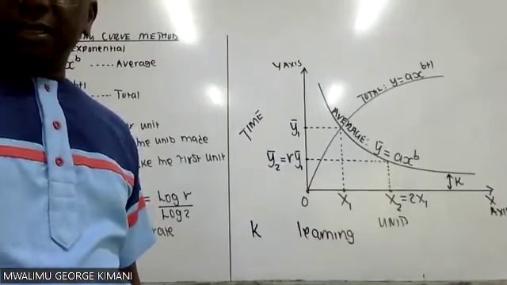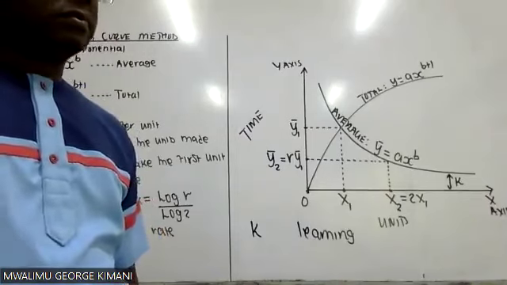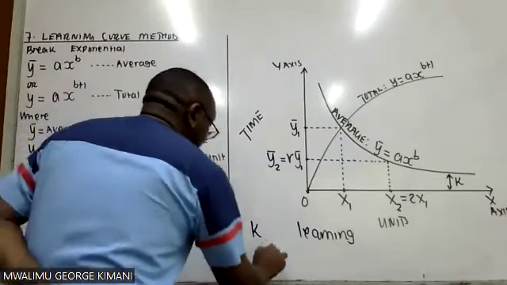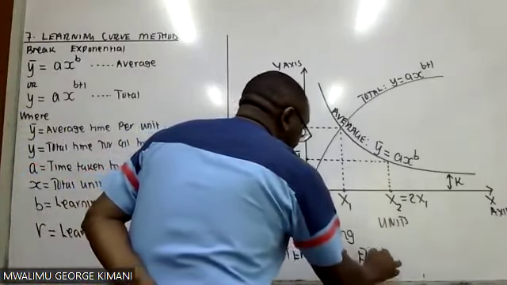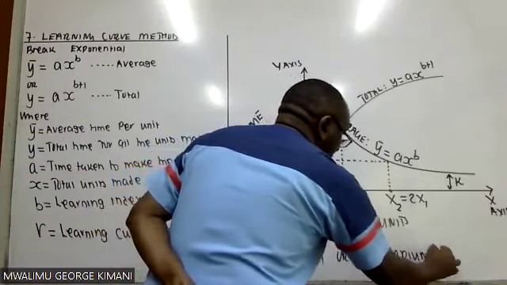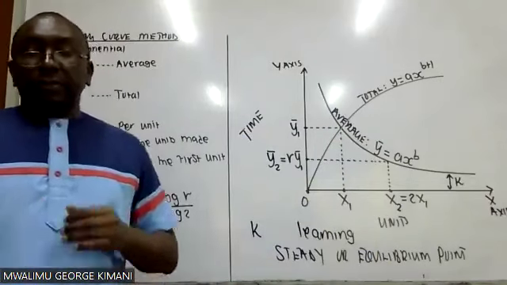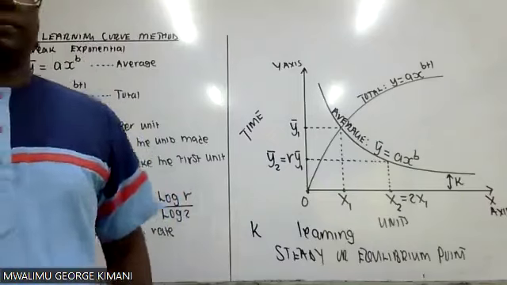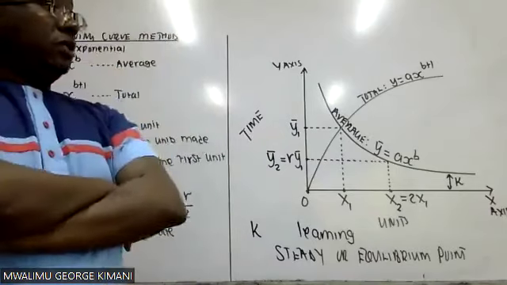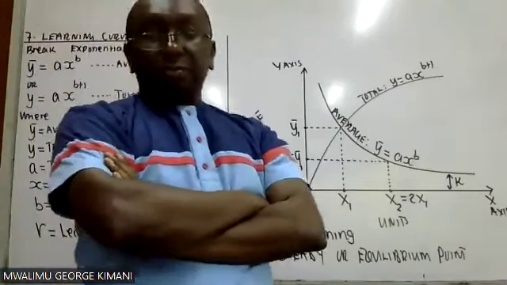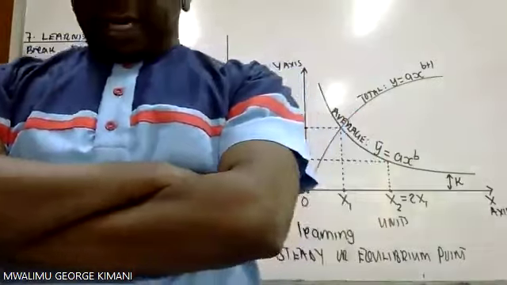When K is observed, the process is said to have reached a steady or equilibrium point, since there is no further decline in time taken per unit.